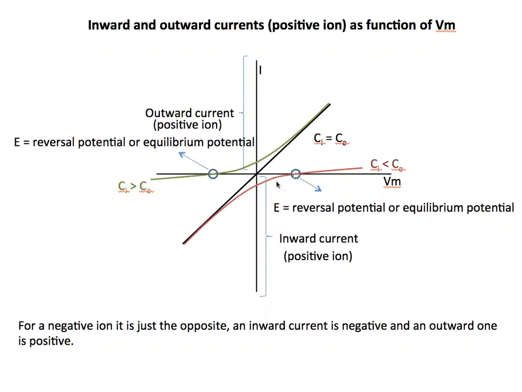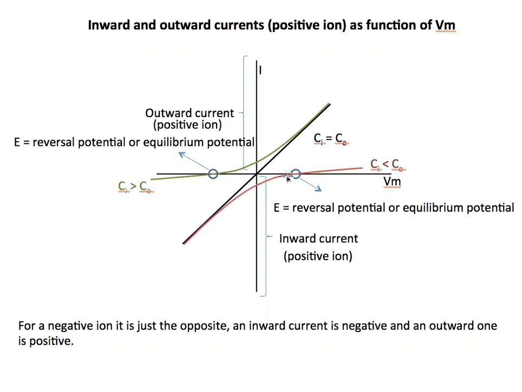And as you go to the left, you will see that you can start pulling in cations. Therefore, you're going to have an inward current of cations. You're not able to keep those out anymore.